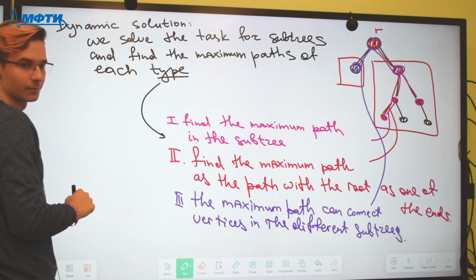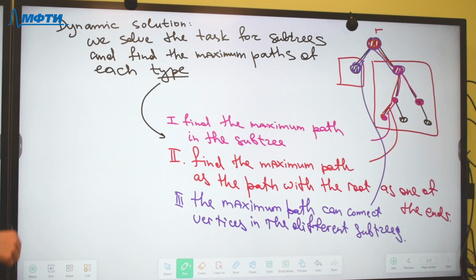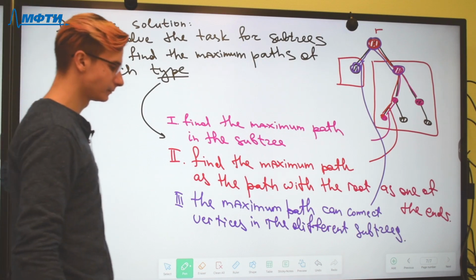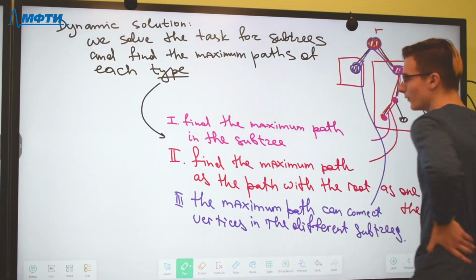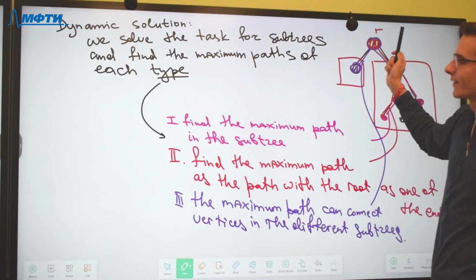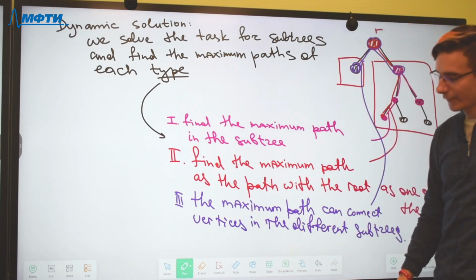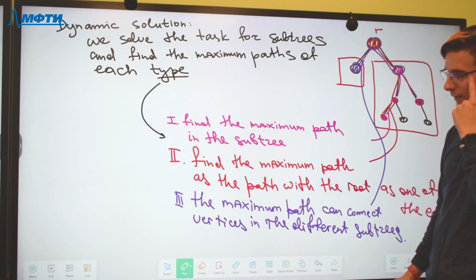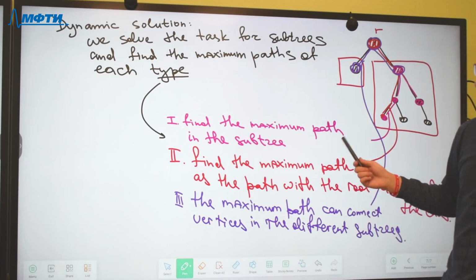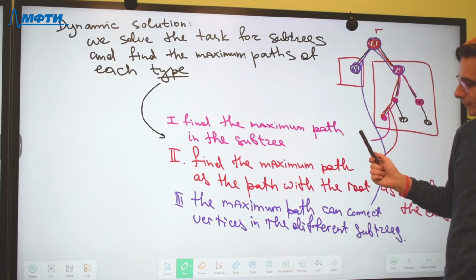These steps, yeah? 1, 2, 3. And then we find the maximum paths for the roots of these 3 types, and then compare them and find the longest.